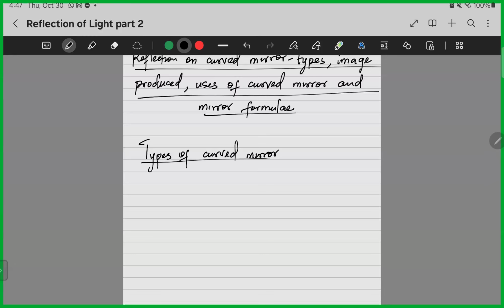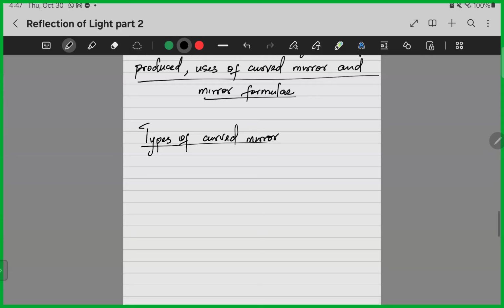The first one I'm going to call is concave, or converging mirror. Please take note of this naming. It's not exactly the same thing when it comes to lenses. So please pay attention to what I'm saying now.